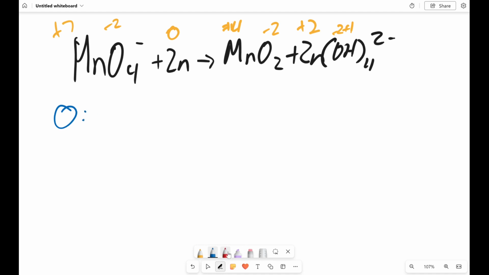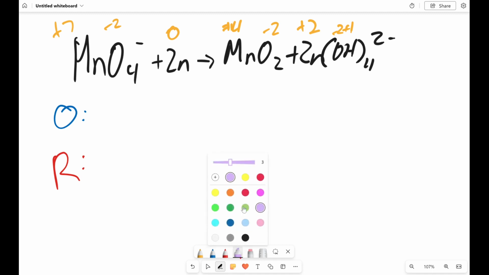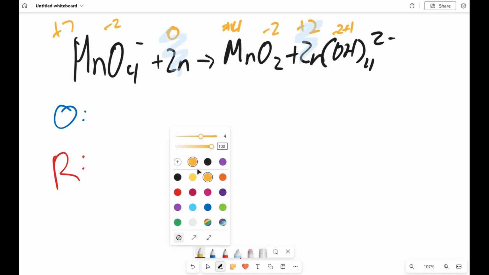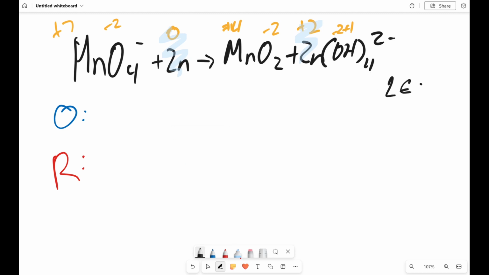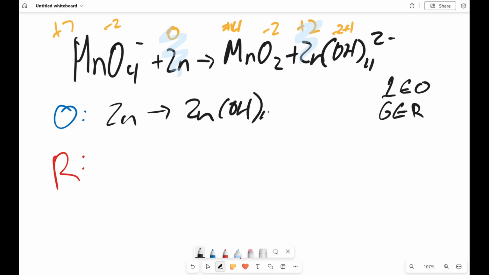Okay, now let's figure out our half equations. So what's being reduced? What's being oxidized? Well, let's look at this. Zinc is going from 0 to plus 2. And if we refer back to our good old friend LEO GER, we know that zinc is getting more positive, aka losing electrons. So we're going to have zinc becomes Zn(OH)4 2 minus.